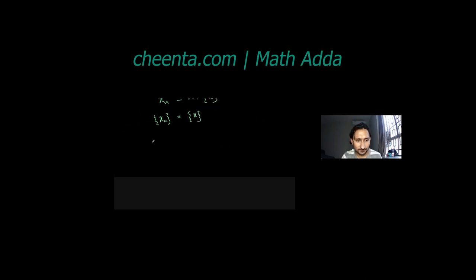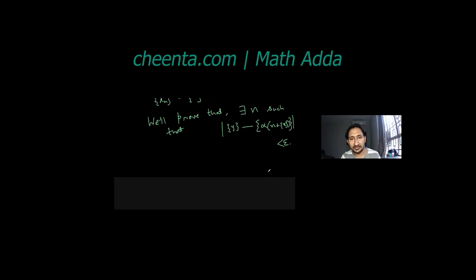So we are going to prove that there exists n such that the distance between the fractional part of y and the fractional part of alpha times (n plus the fractional part of x) is less than epsilon. But now we are actually in familiar territory.